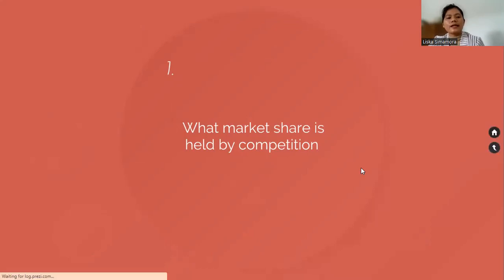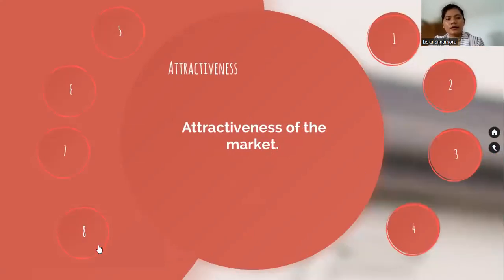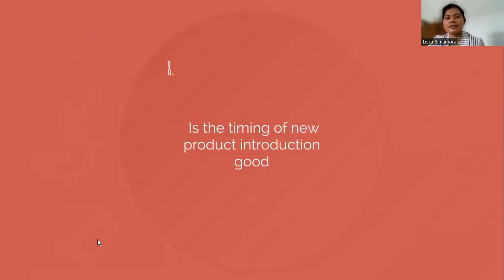Okay, and then is the timing of the new product introduction good? So you also have to do research about the time to introduce your new product. You have to recognize the moment. Is it good to launch the new product to the market at this time? You have to question that.